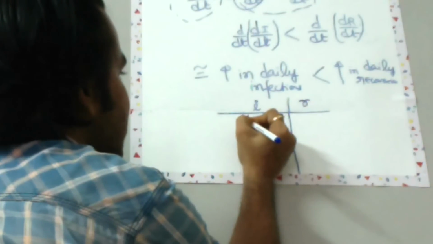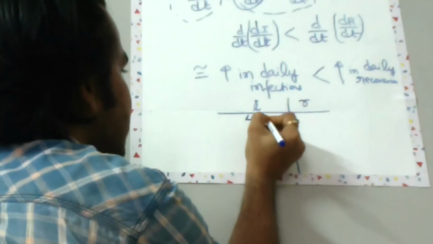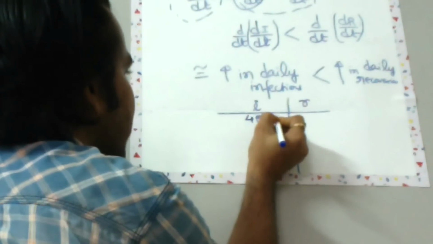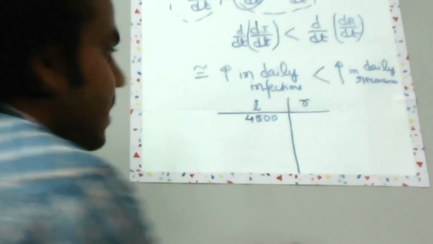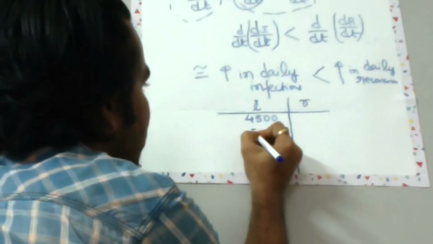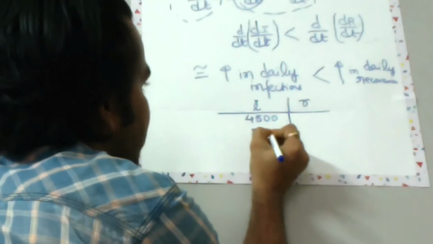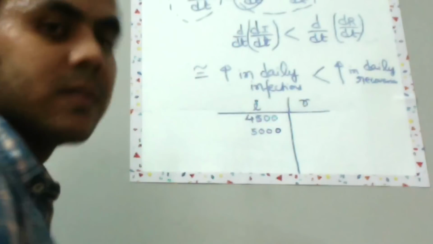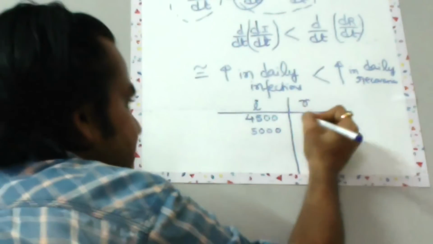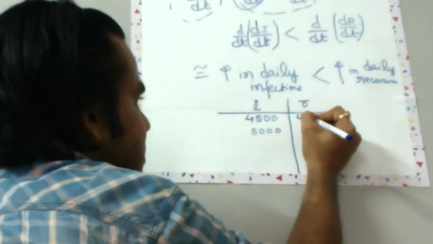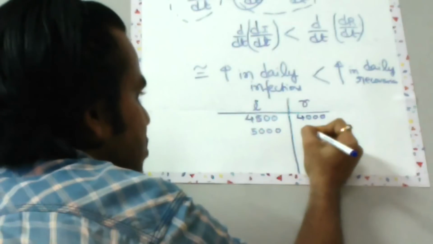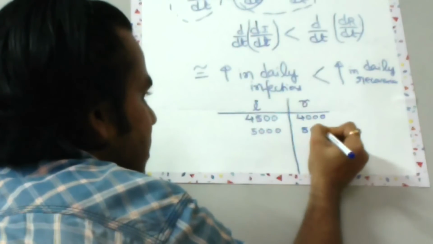So if at some point I have this equal to 4500 and then it goes on to 5000, and in the same period the recoveries go from 4000 to 5000.